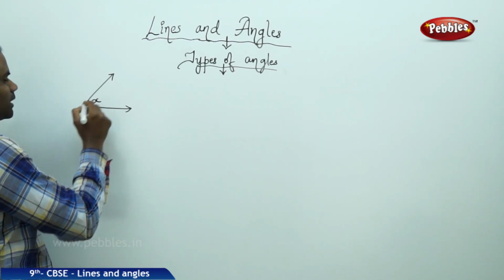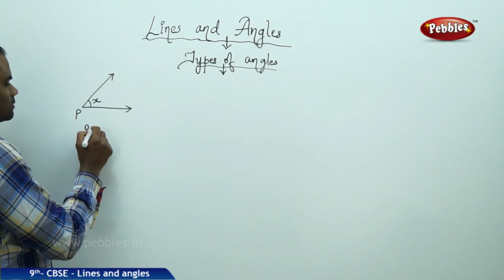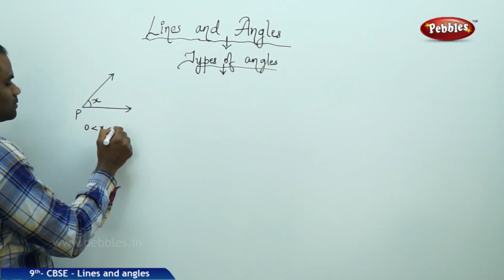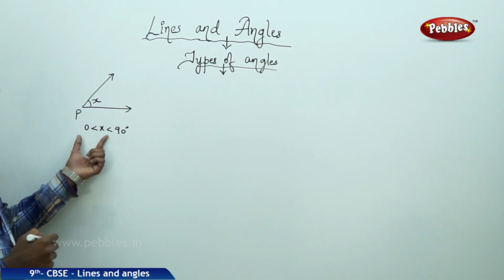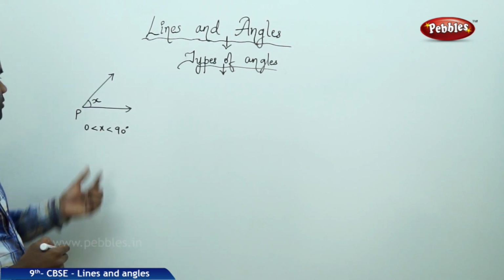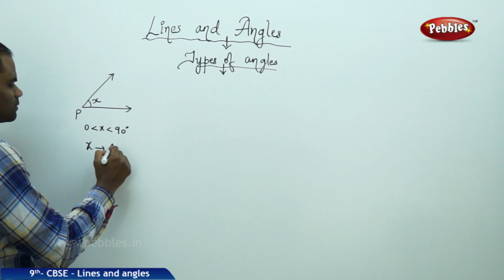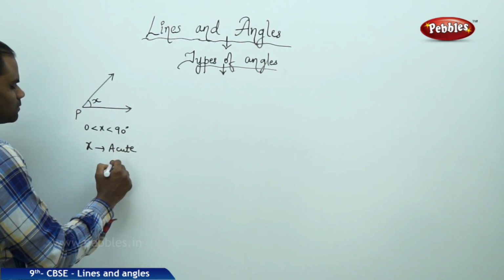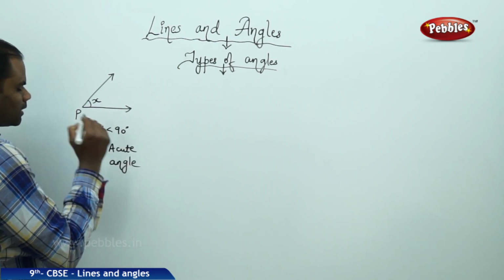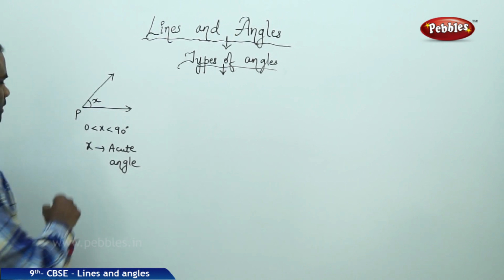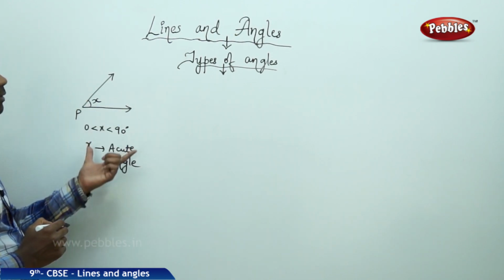Say I take this as x. If the angle is less than 90 and greater than 0, then I call this angle an acute angle.